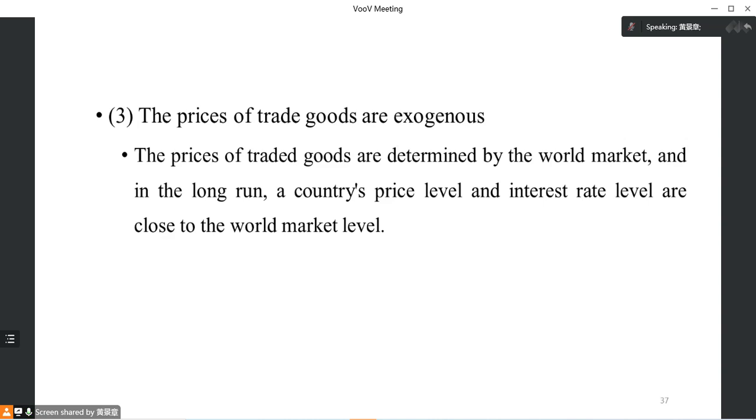At this status, we can regard price as exogenous.